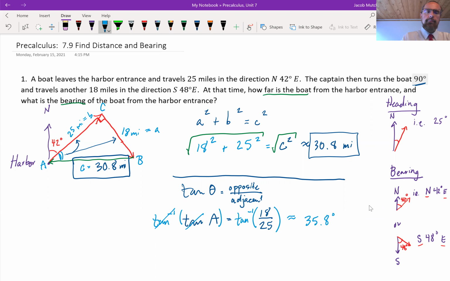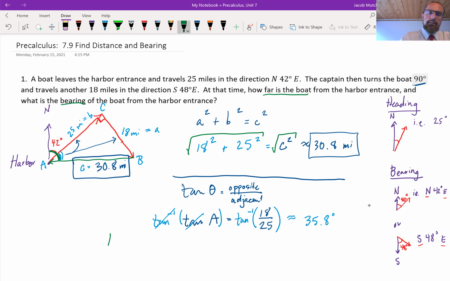Remember, that's angle A. We want to know what's the bearing of the boat from the harbor entrance. Well, if I'm going to calculate the bearing of the boat from the harbor entrance, I need to include not only my 35.8 degrees angle A, but also the 42 degrees. I need all the way back to due north.